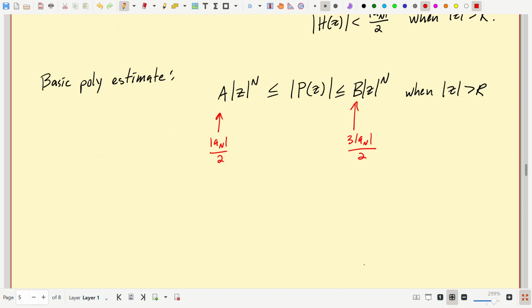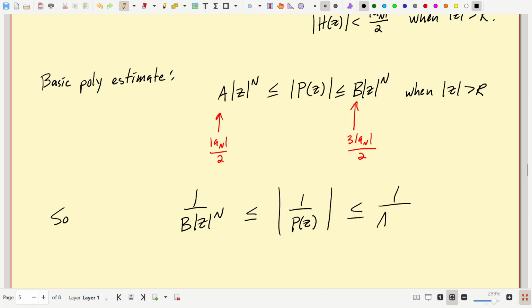But what that shows is that the polynomial gets gigantic when z is far out there. And so 1 over p of z would be less than or equal to 1 over B times z to the n, and that'd be less than or equal to 1 over A times z to the n.